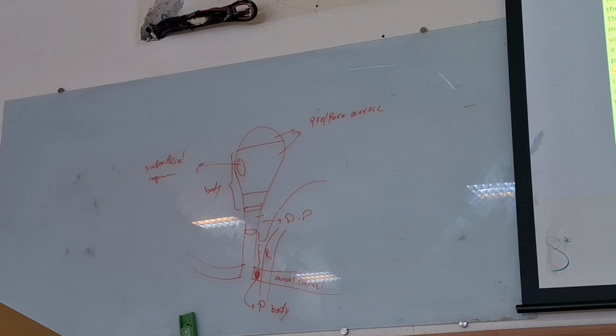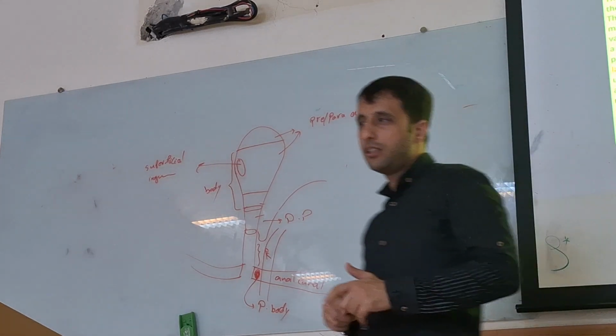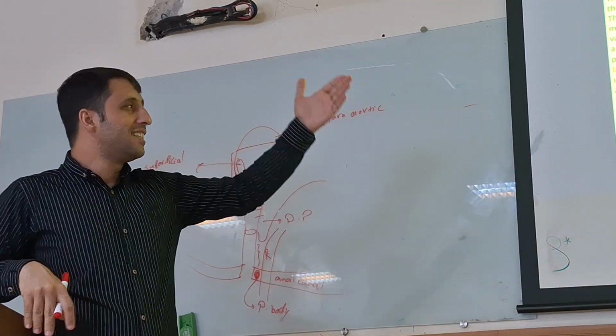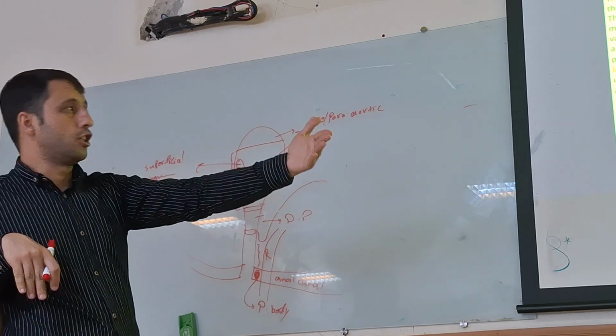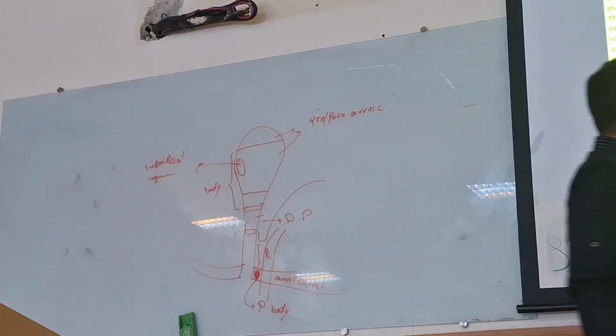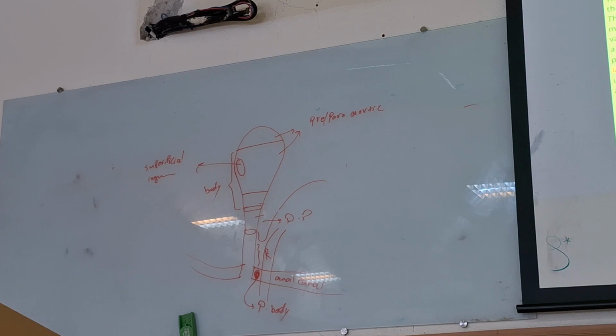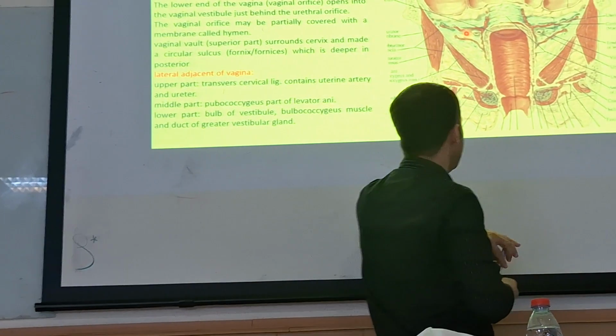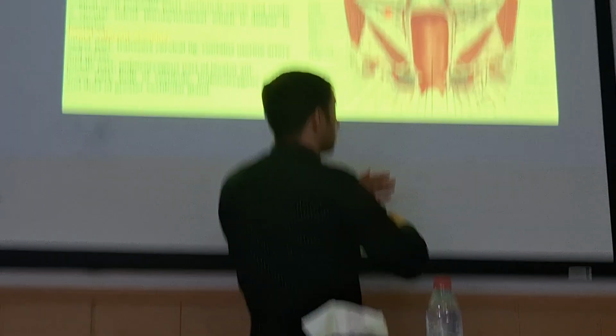Look at here. This is the lateral adjacency of the vagina. This section is a coronal section. In the coronal section, here is the pelvic floor. They are levator ani muscles. And this is the vagina in the lateral surface.